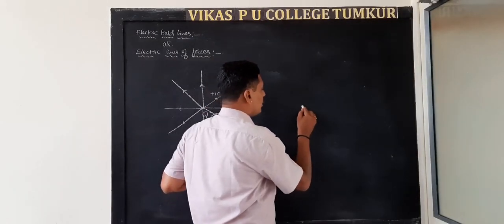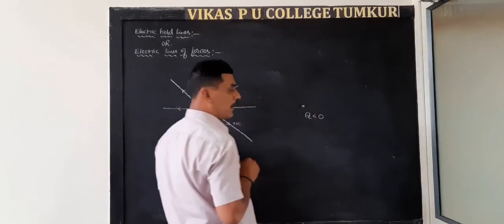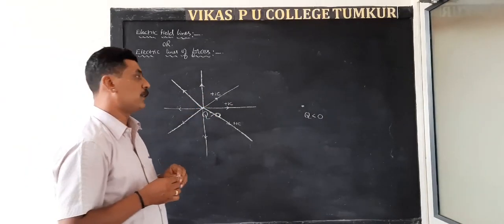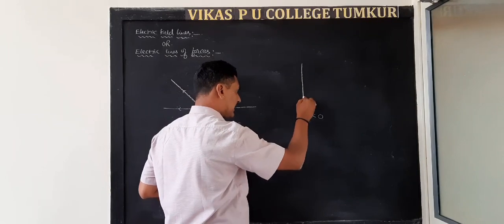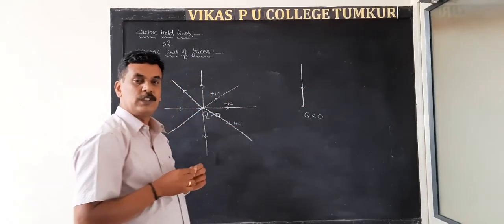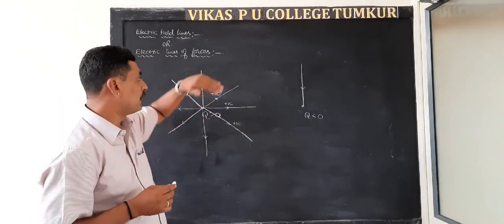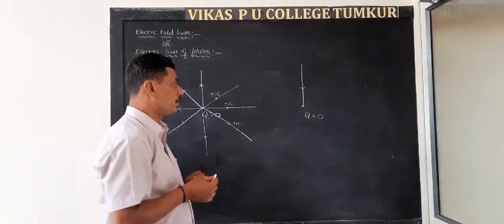Now if you take another charge which is less than 0, andre negative charge idre, then this test charge placed at this point, say, will get attracted. So this is the line showing the direction of the force of attraction of a test charge towards this charge which is negative.